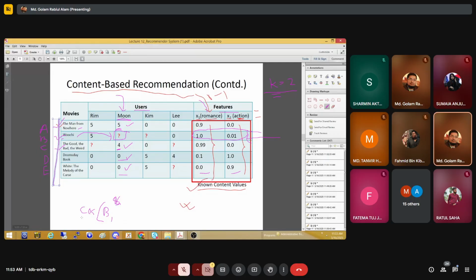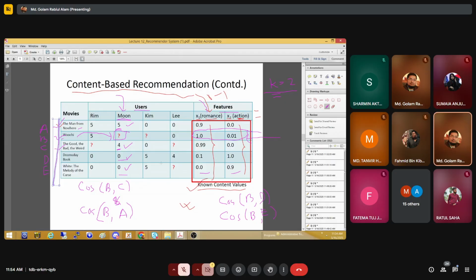So we have to find the cosine similarity between B and A, between B and C, between B and D, and between B and E.